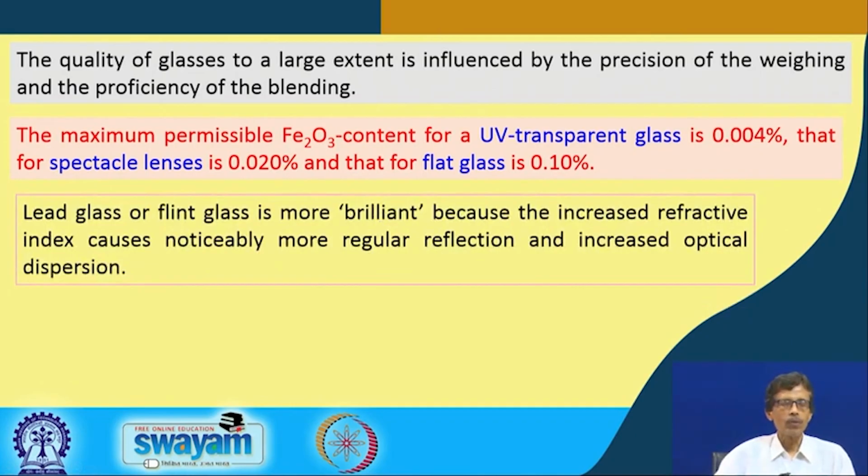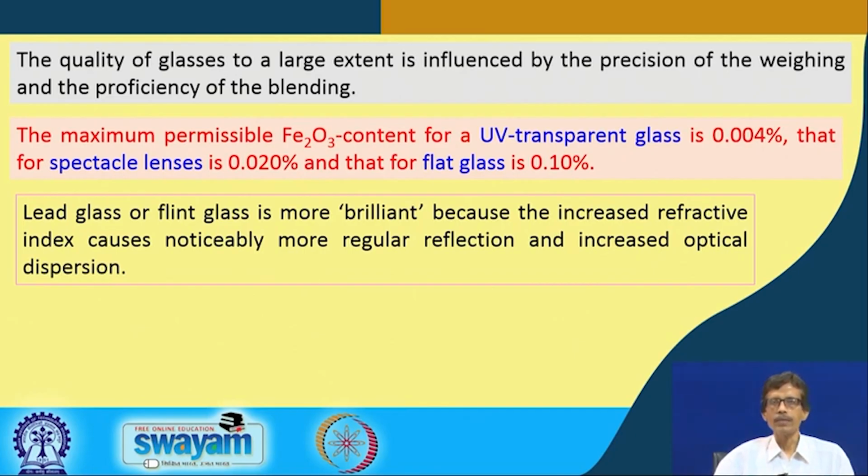Similarly, as we considered previously, lead glass or flint glass is more brilliant, which is why we consider them as crystal cut glasses. They are very shiny and brilliant because of increased refractive index.